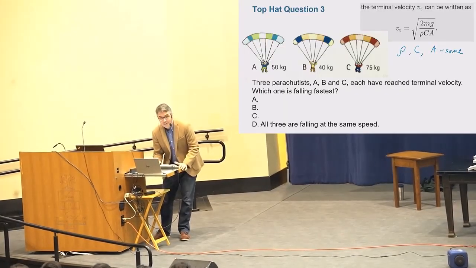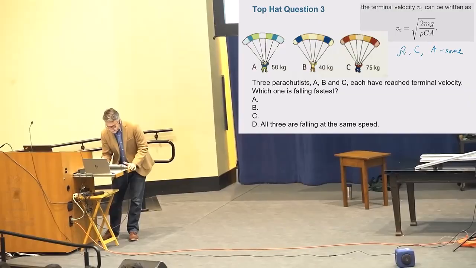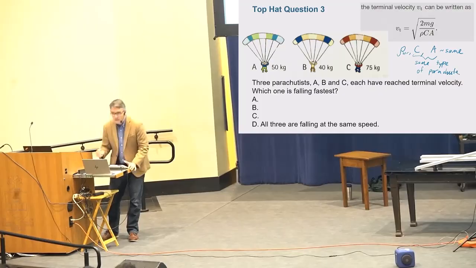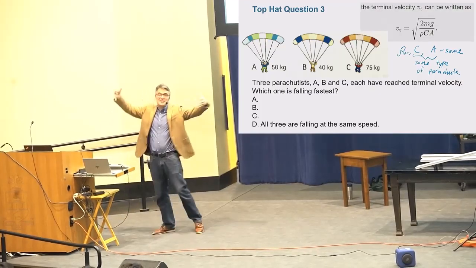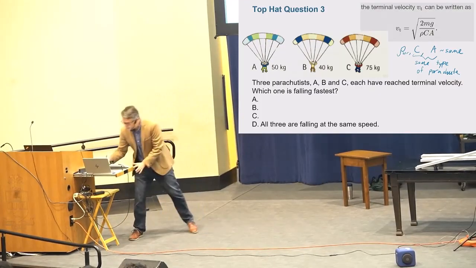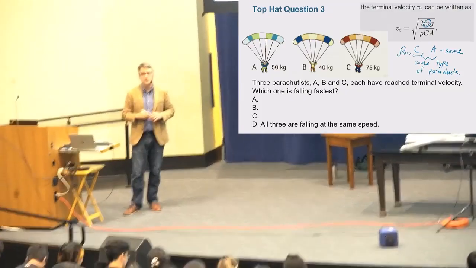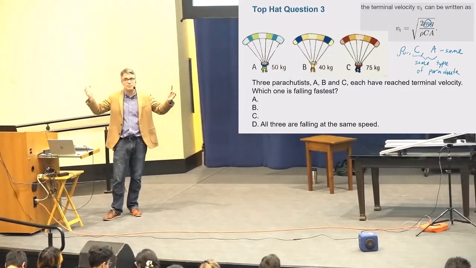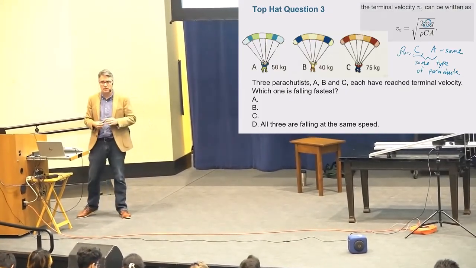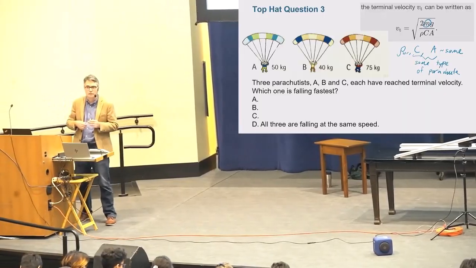Certainly, the density of air is the same in all 3 cases. But maybe if it's the same parachute, we can assume that it has the same drag coefficient and the same area. And so what is different in this equation is just the mass. More massive objects with the same exact shape are going to fall faster. They're going to reach a higher terminal velocity.